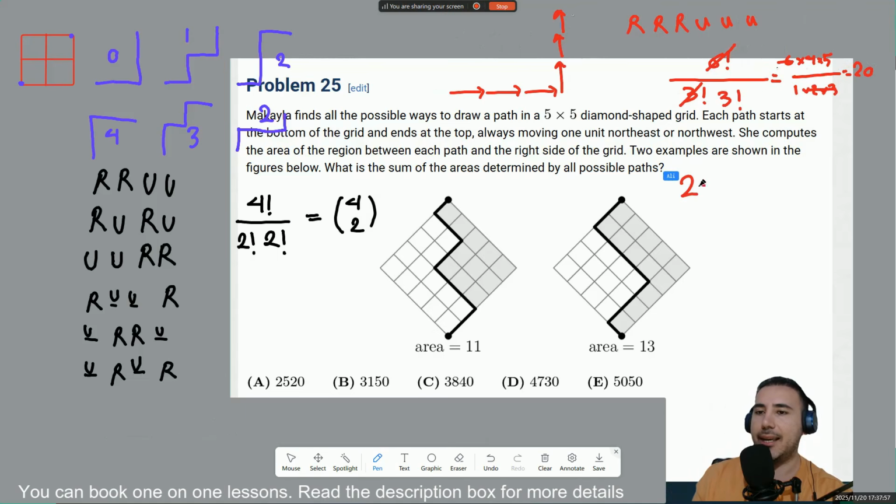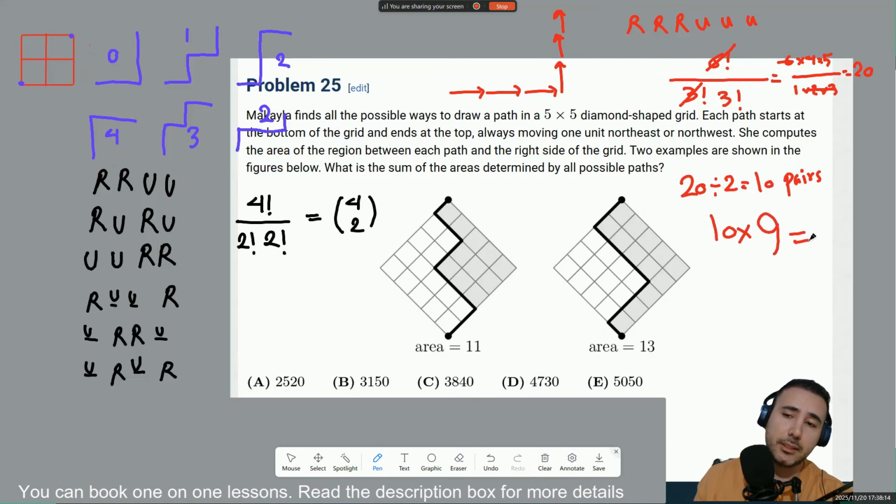That means I have 10 pairs, and each pair will give me the area of 1 square. So the total area of everything will be just 19.